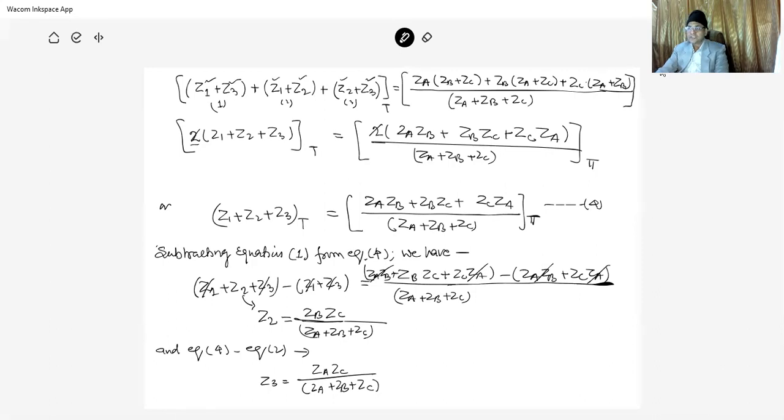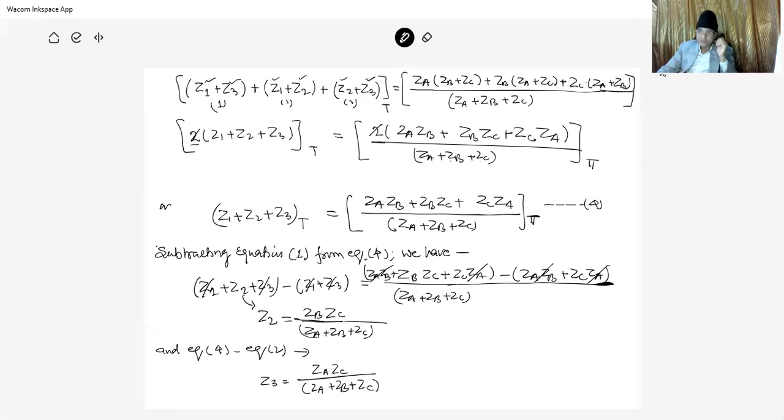So the pairs ZA ZB, ZB ZC, ZC ZA are also twice, divided by ZA plus ZB plus ZC. So the 2 has been cancelled. So Z1 plus Z2 plus Z3 of T is equal to this of the pi. These are the total impedance sums in the T network and the pi network.